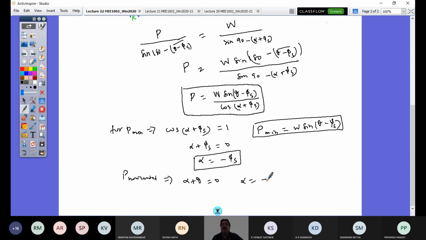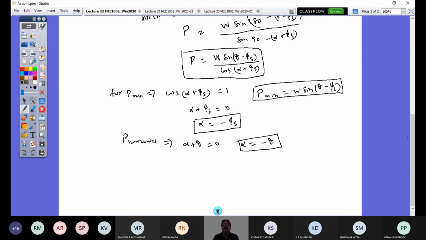So alpha will be minus theta. That's the condition. If alpha is minus theta, my expression in this rectangular box would change. So putting this in equation 1, Roman numeral 1, what do I get?